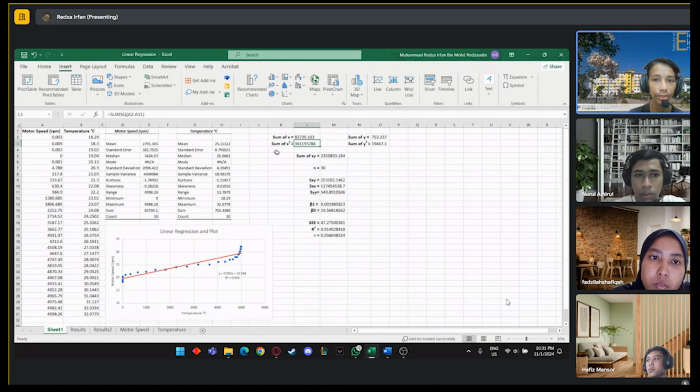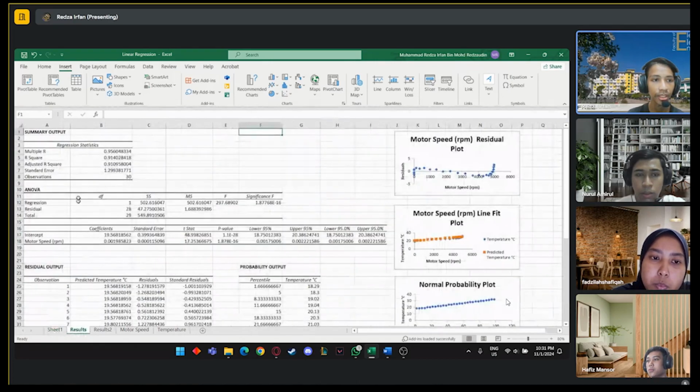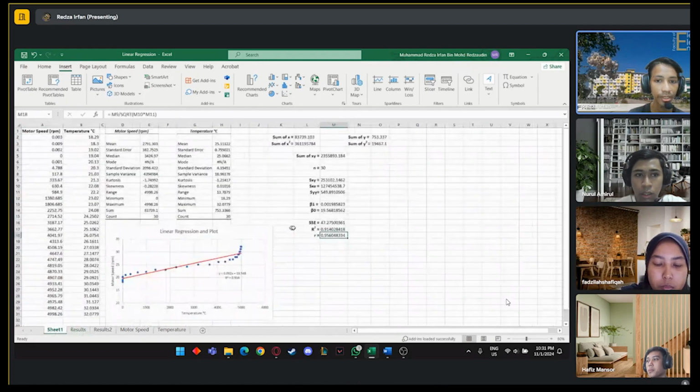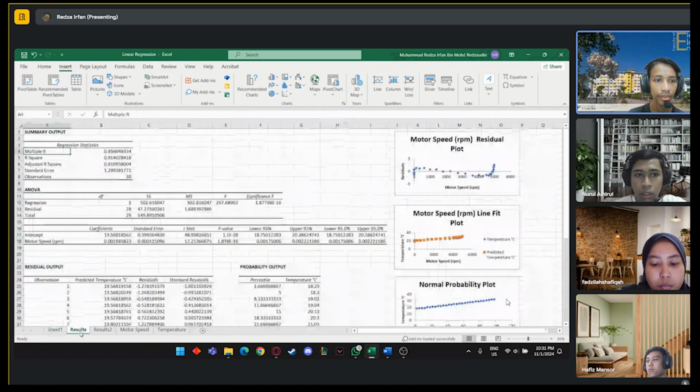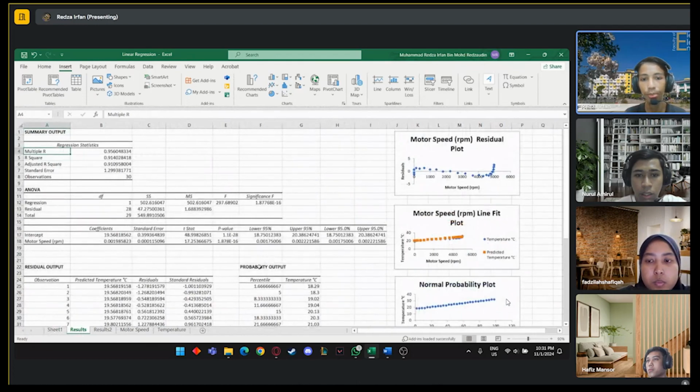This one is the sum of XY, and also continue with SSY, SSX, until we get R. This calculation also gives the same result for both X and Y. This is the summary output for regression statistics. This is R square, so it's R, the same as this value. It's the same also with the residual output and probability output.